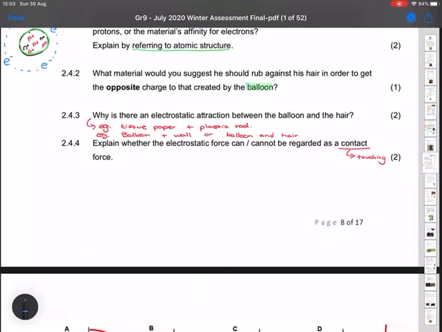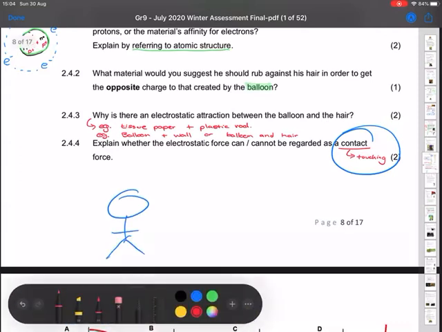2.4.4. Explain whether the electrostatic force can or cannot be regarded as a contact force. Contact, remember, means touching. Okay, so can it be regarded as a touching force? No. An electrostatic force cannot be regarded as a contact force because an electrostatic force can act over a distance. Think of when you guys were in class and you rubbed the balloon against each other's hair, or your own hair even.